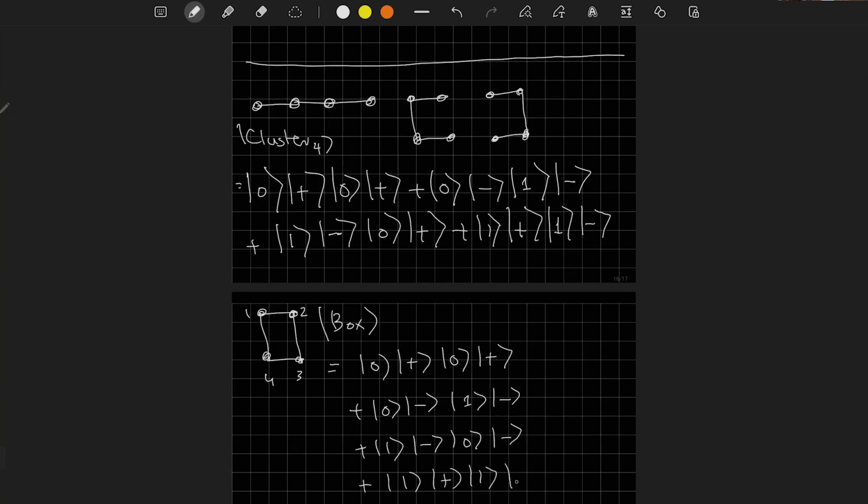So this state differs from this state in these signs, this sign and this sign. Rest are the same. So these are the physical qubits that are required to simulate that cluster state.